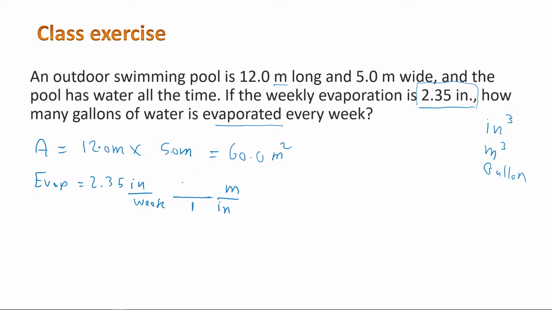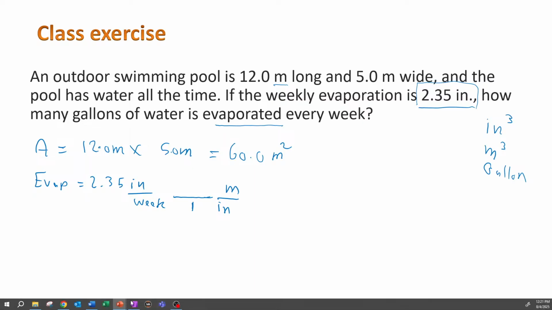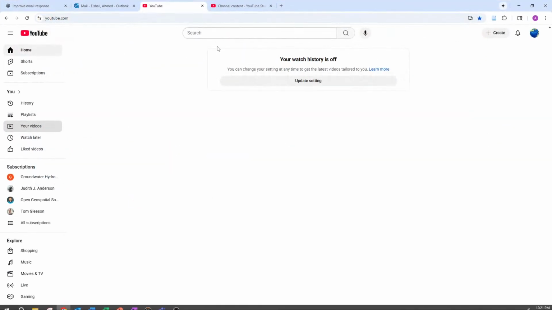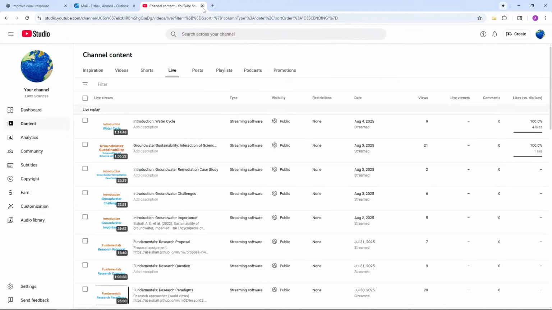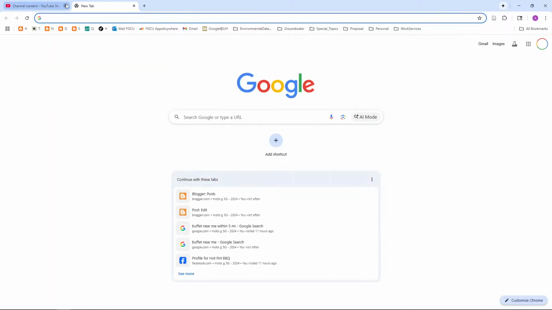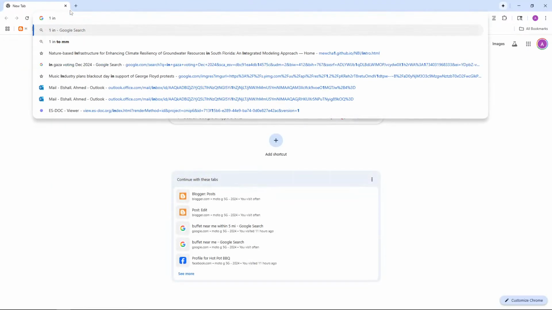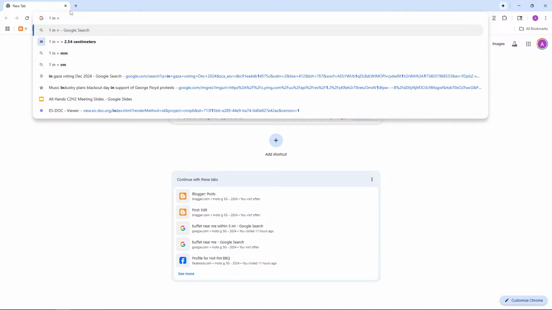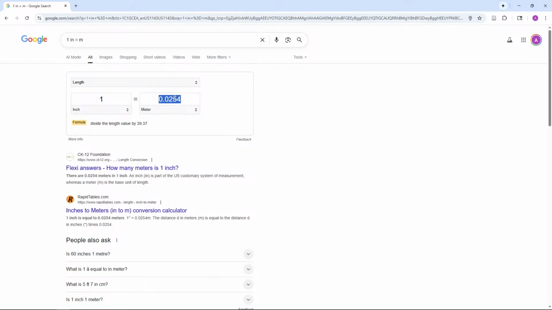You can Google this, or you can use a textbook you have or whatever. So I can just say 1 inch is equal to how many meters. That's 0.0254.